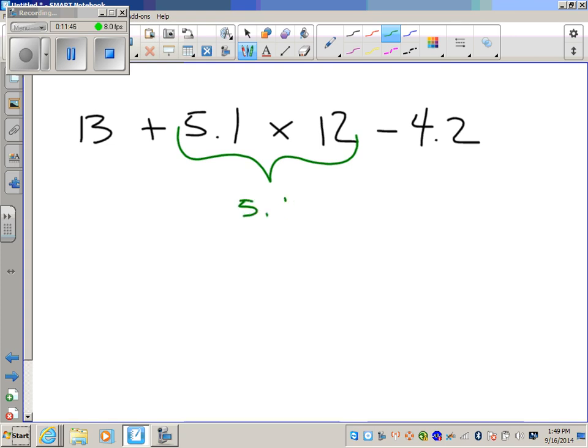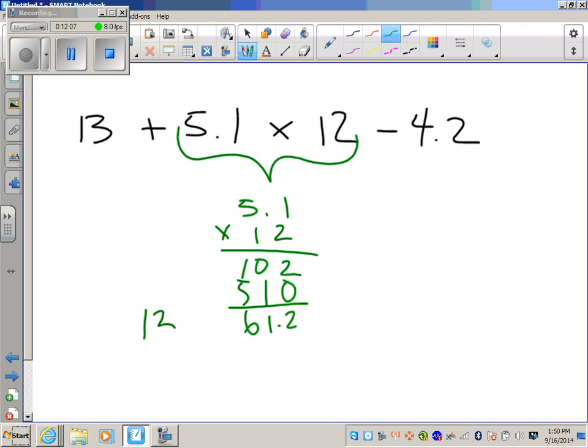That needs to get done first. I don't line up the decimals because I'll take care of them at the end. 2, 10, drop the 0. 61.2. So now that's what is here.